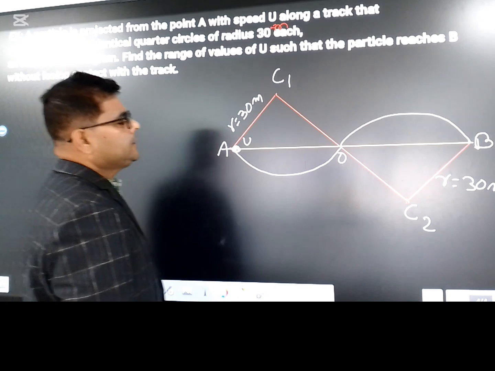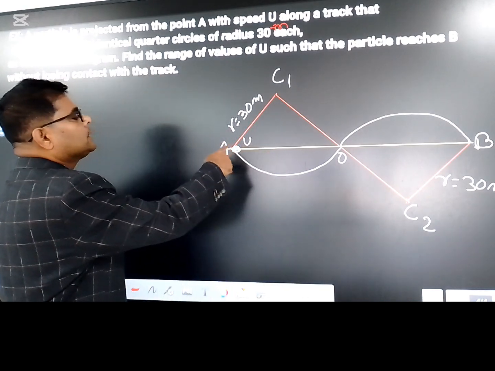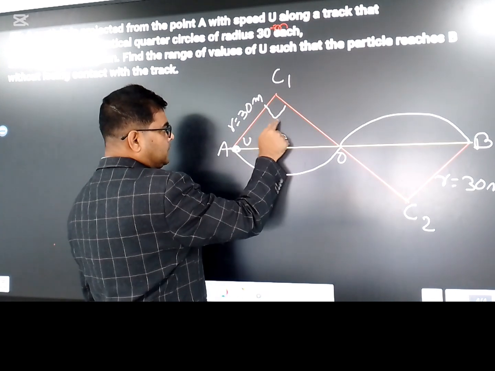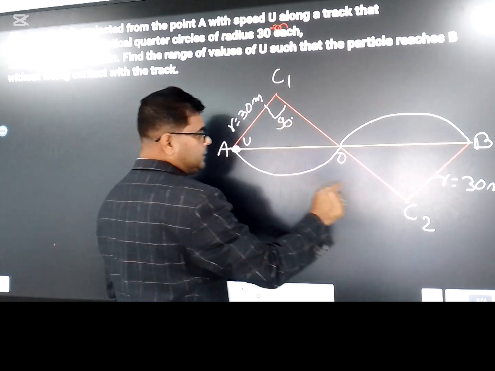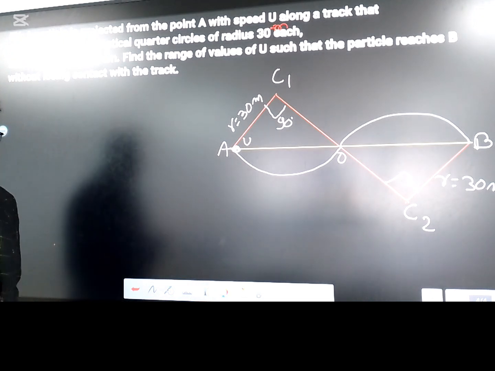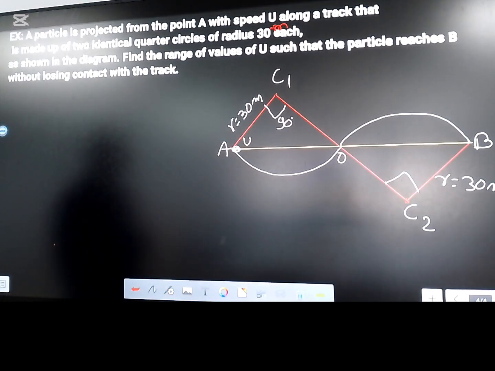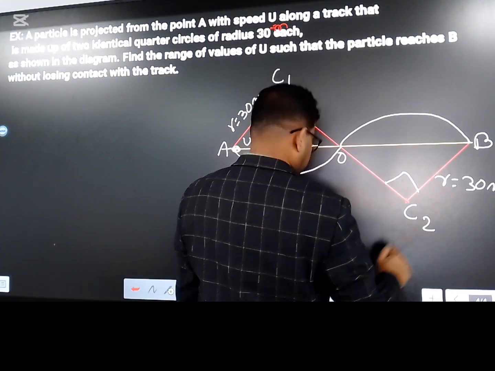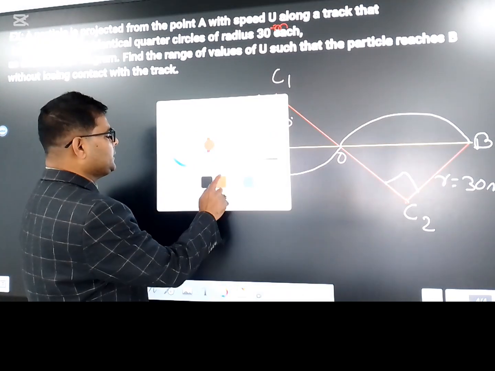So let's see here, for example, there are two circles, and since they are quarter circles, the subtended angle must be 90 degrees here and here also 90. By geometry you can say that. Now consider this as the zero potential level.